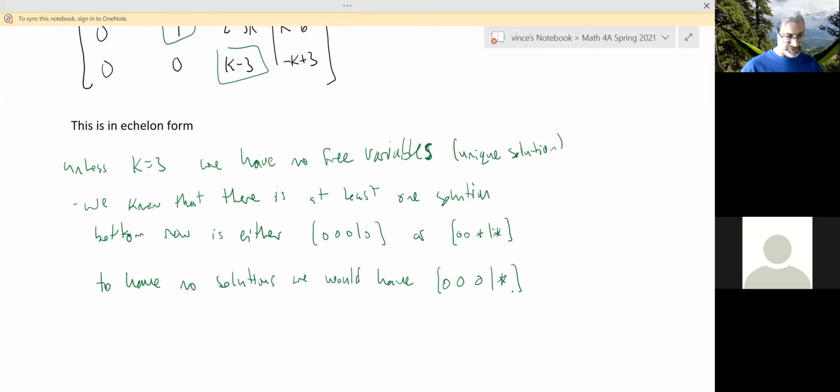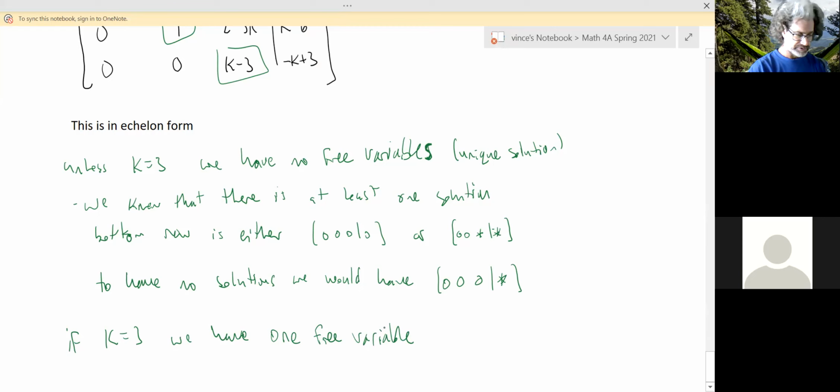It's either going to be one solution or an infinite number of solutions. So if k is not equal to 3, we get a unique solution. But if k does equal 3, we have one free variable. So we'll get a one-dimensional solution.